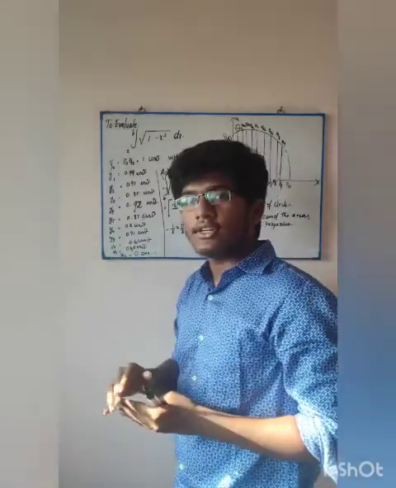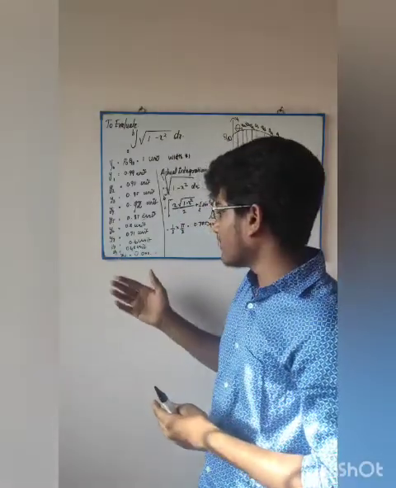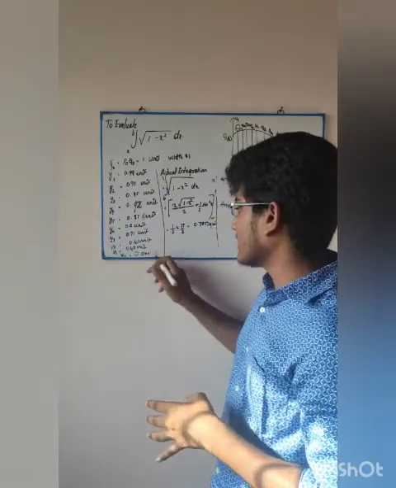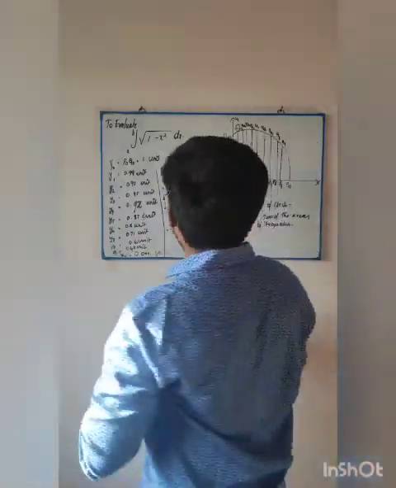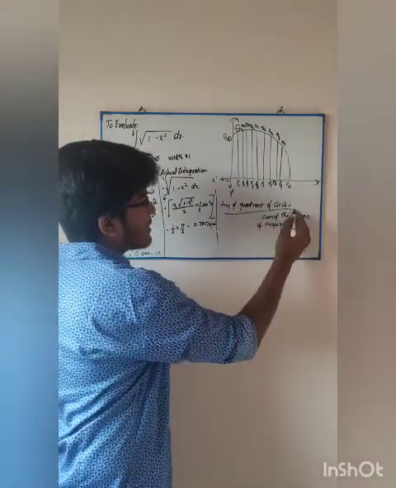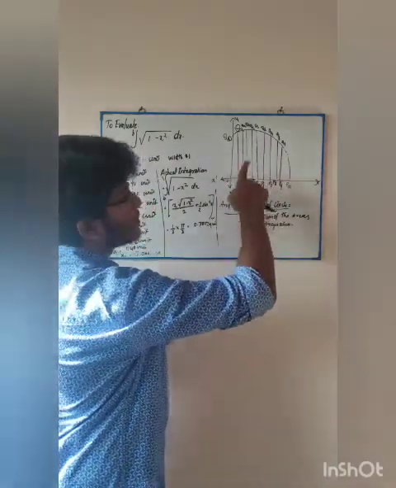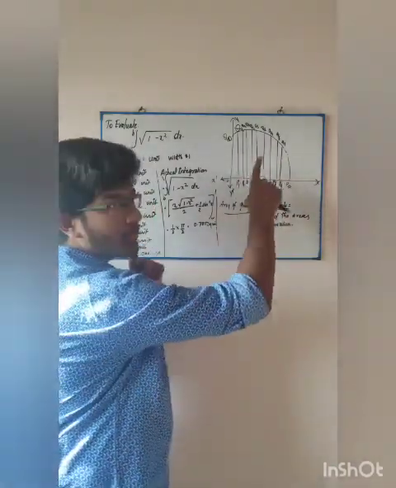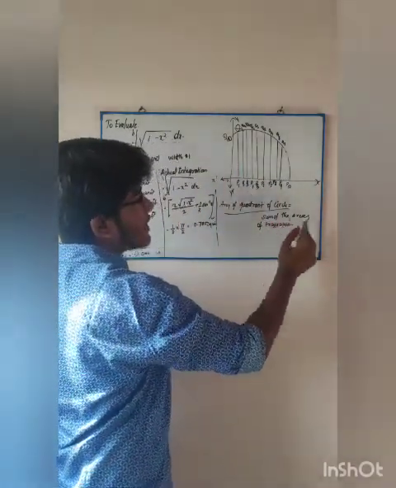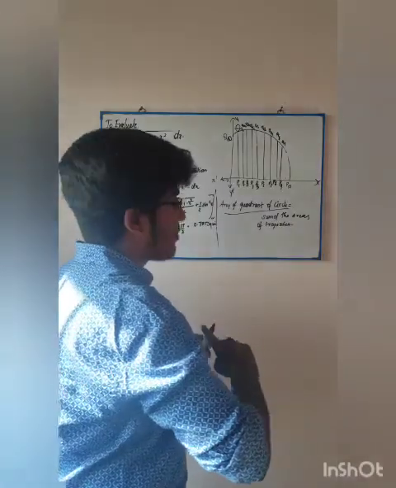y10 is nearly 0, so we can neglect this. Here when we calculate the area of the quadrant of the circle, as I have told you before, we have taken only one quadrant of the circle. It is equal to the sum of the areas of the trapeziums.